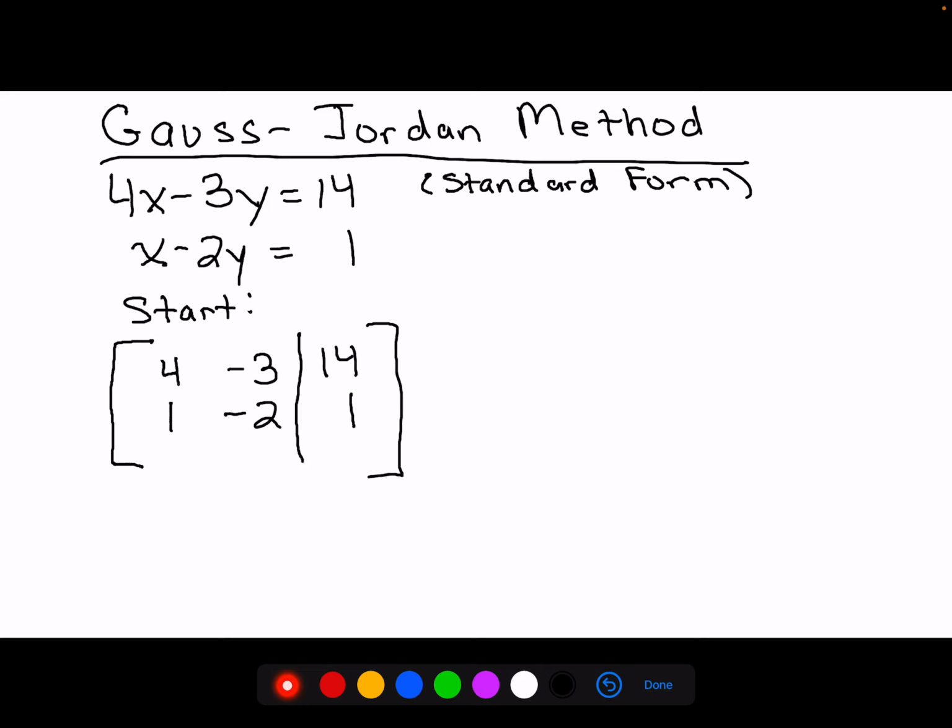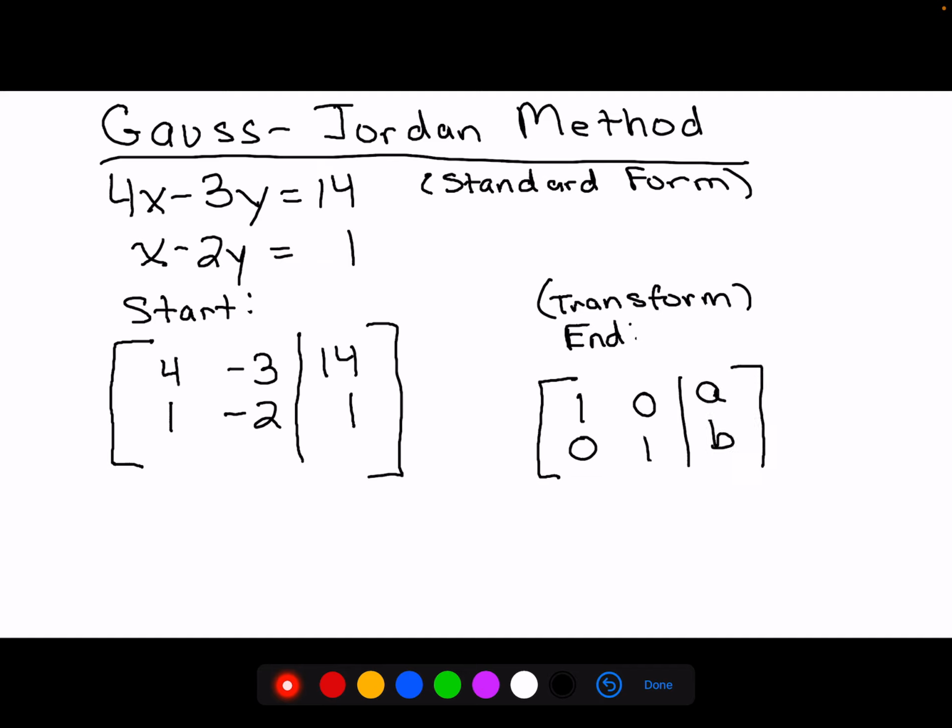All right, then we're going to use what we know about transforming these matrices, and in the end we want this matrix to look like this. Okay, so we're going to use these rules of transformations to get it to look like that. We want a diagonal of 1s, and we want everything else to be 0s.